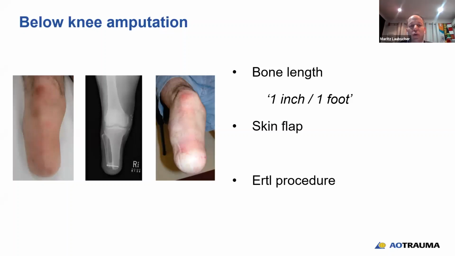It is actually quite tricky to perform. It has a significant complication rate, and it's not really been able to be recreated or shown to be superior to a normal amputation, and that's why I don't routinely perform that for below knee amputation. It also takes longer to heal, and you need union of your bone bridge afterwards.